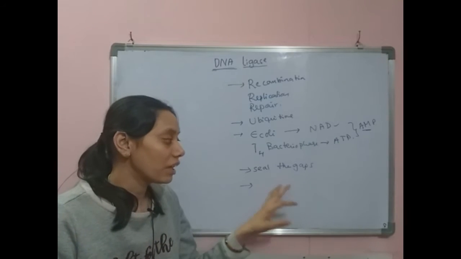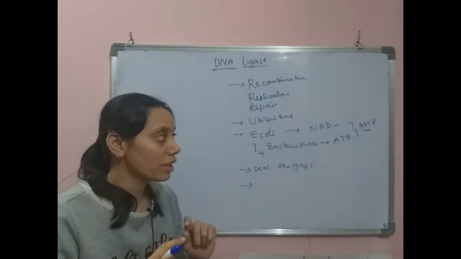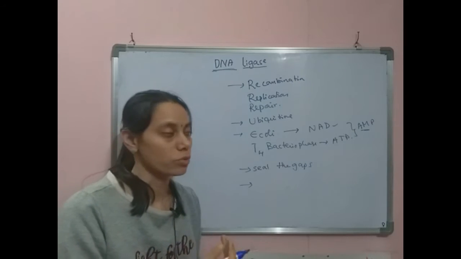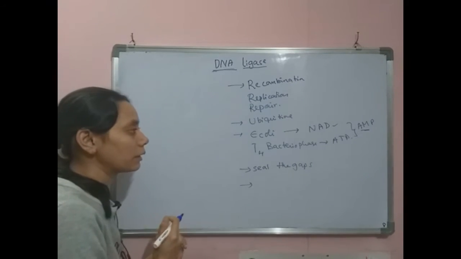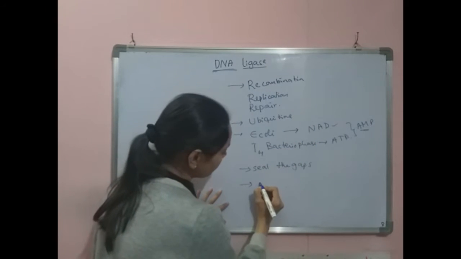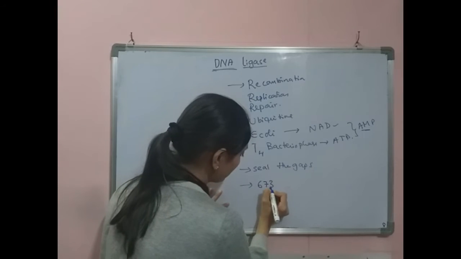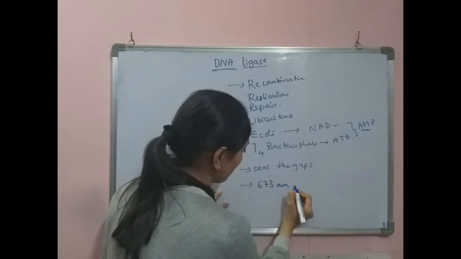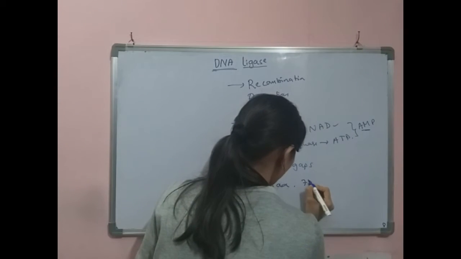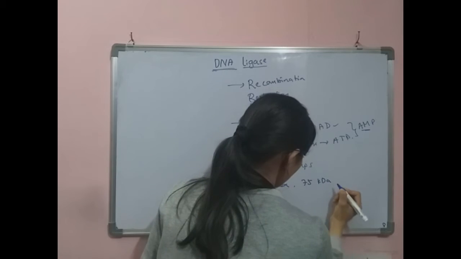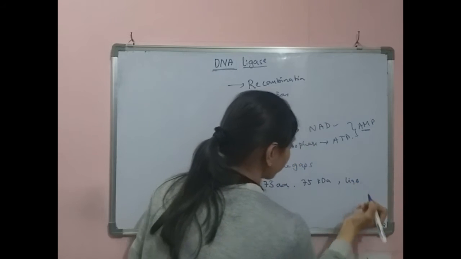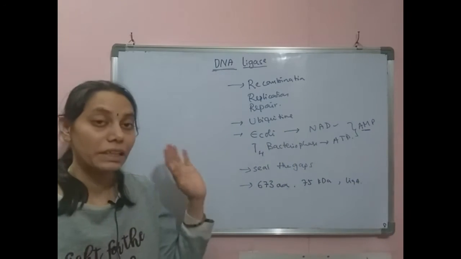That is why it needs an external energy source. The E. coli DNA ligase is an enzyme with 673 amino acids, and its molecular weight is nearly 75 kilodaltons, and it is coded by the lig gene. So this is all about DNA ligase.